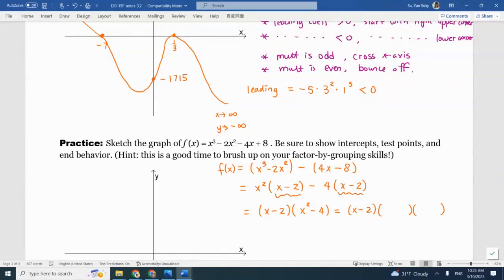What is the difference of squares? Yeah, 4 is 2 squared. What's the difference of squares? A squared minus b squared is... Okay, we need help. A squared minus b squared is a plus b times a minus b.